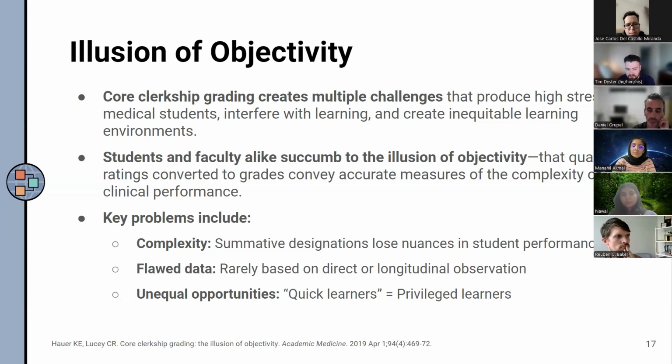And then the final problem being unequal opportunities. They brought up this really interesting thing, which is maybe people who we think of as quick learners are privileged learners. For example, individuals who have family members in medicine who could get help on an oral presentation, or individuals who have just been around this milieu. Maybe they grew up going to a parent's office or went on rounds in the hospital with a family member.